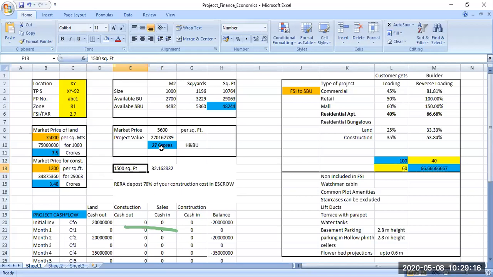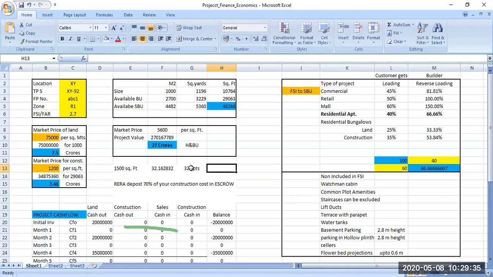Okay, this is again a rough estimate. And I know that my total project value, if I'm selling it at this price, would be around 27 crores. I can also calculate it differently, but I'm taking a round figure of 32 apartments.